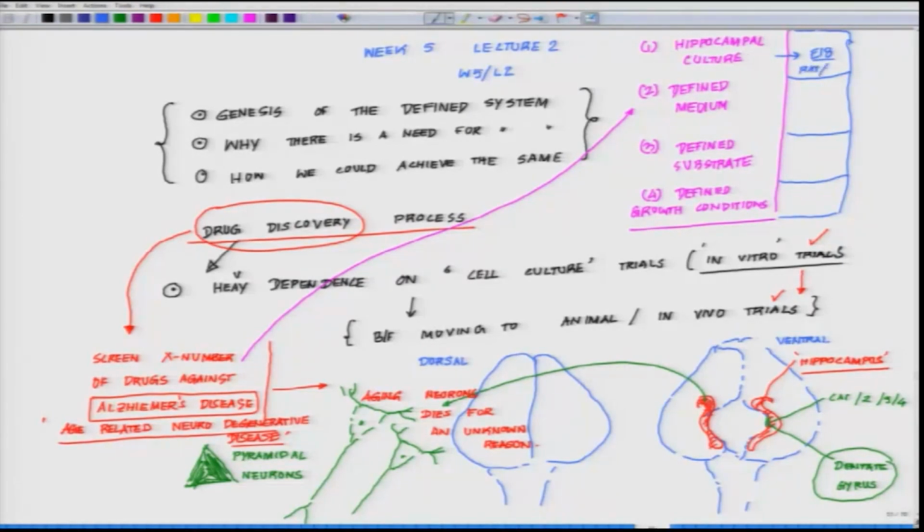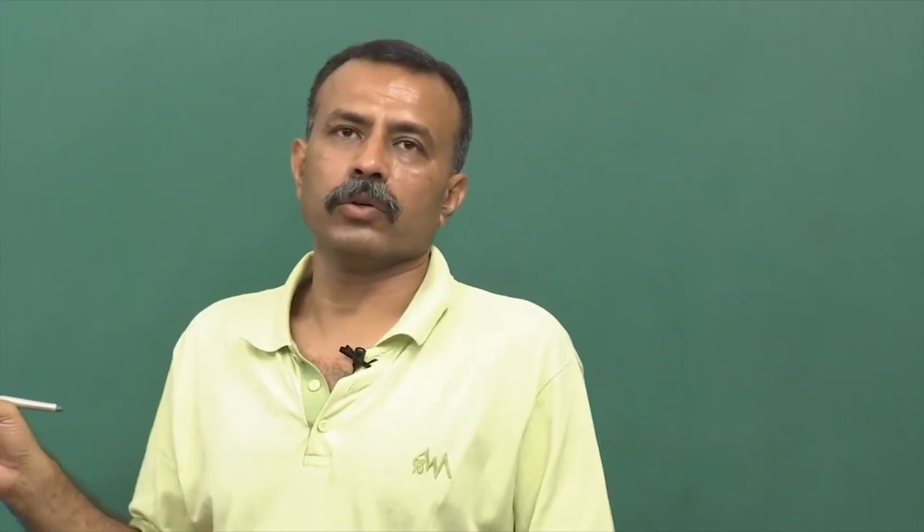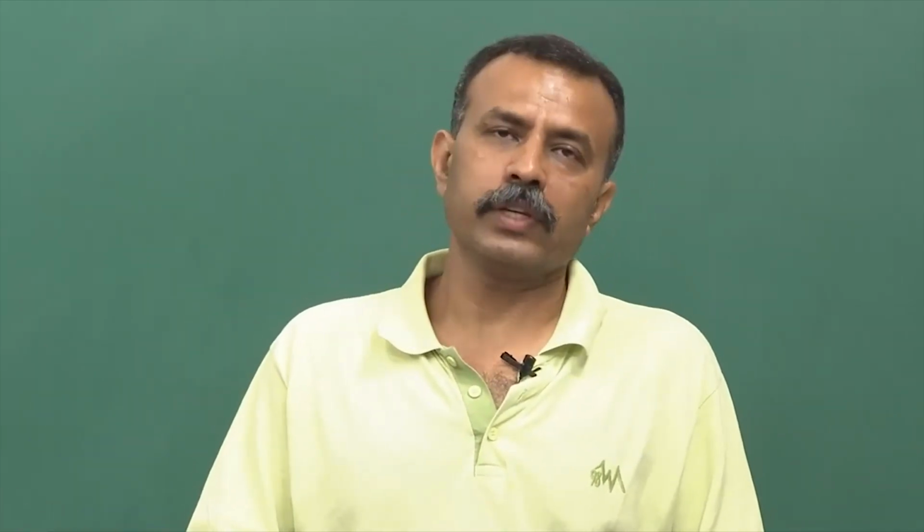What does that mean? A pregnant rat or a pregnant mouse goes through a pregnancy phase of 21 to 23 days, somewhere in between. On the 18th day, the fetus.